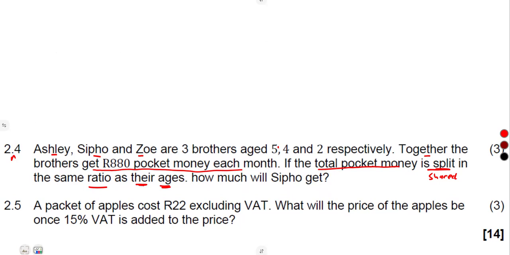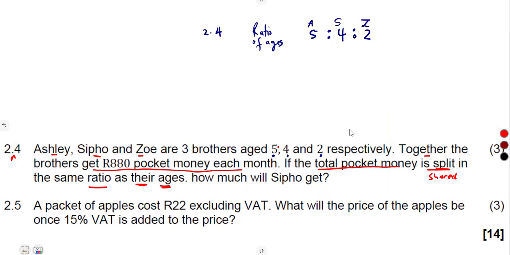The money was being shared in the ratio of what? Their ages. So what is the ratio of their ages? The ratio of their ages is given from their ages respectively. 5 as to 4, as to 2. As 5 represents Ashley, 4 is for Sipho, and 2 is for Zo.